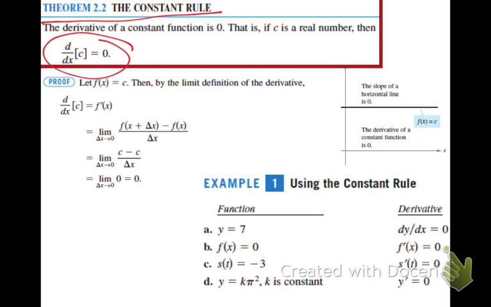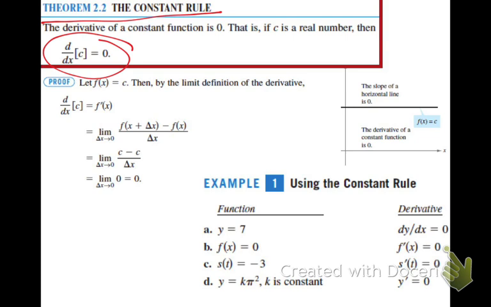The derivative, we graphed it yesterday and we saw that the slope was 0. Now, it is going to be wherever c is. If c is 7, it's going to be at what? 7. If c is -3, it's going to be at what? -3. Make sense?